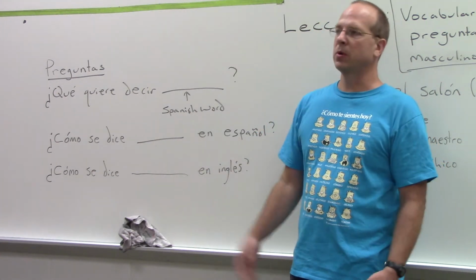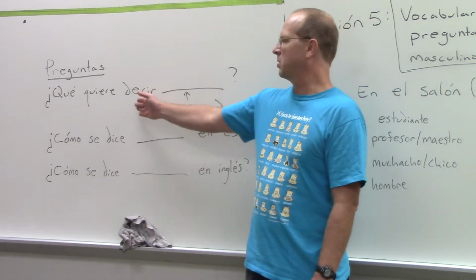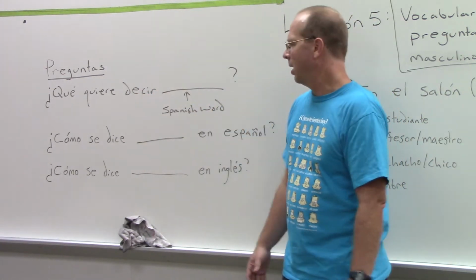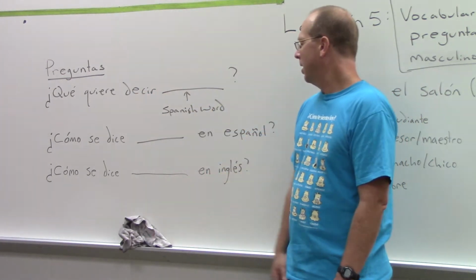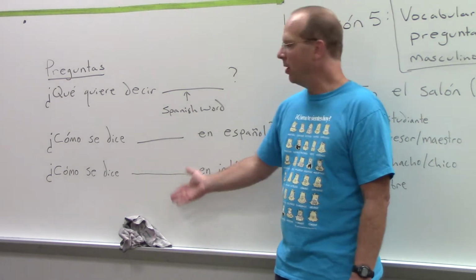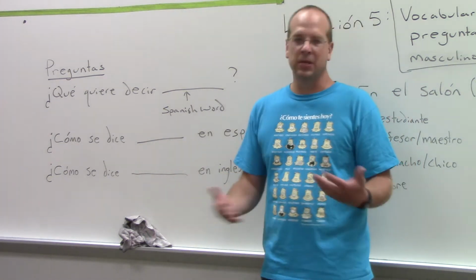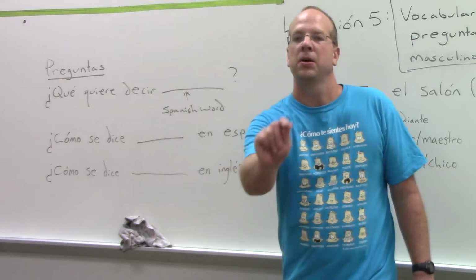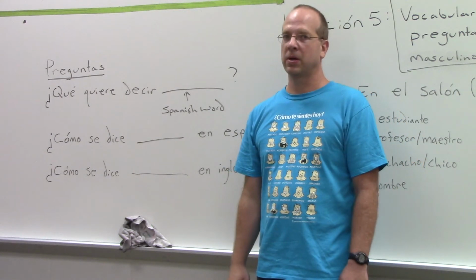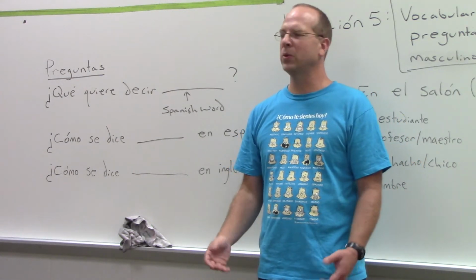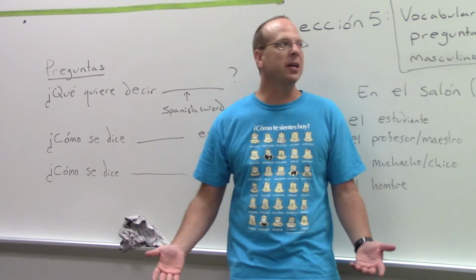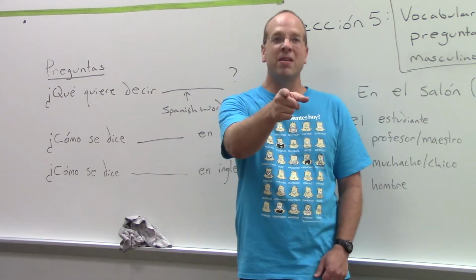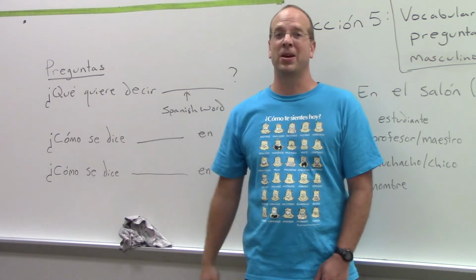Or you can see the word vocabulario and you can say, ¿cómo se dice vocabulario en inglés? I'll say, vocabulario en inglés es vocabulary. Okay? Vocabulary. Vocabulario. Hey, let's learn some vocabulario right now.